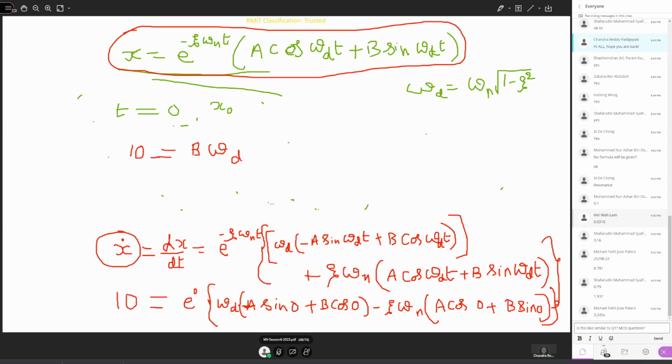Okay, so here cos 0 is 1, and sine 0 is 0. So minus eta into omega n. So from this you can calculate, because we know omega d, you can calculate the b value.